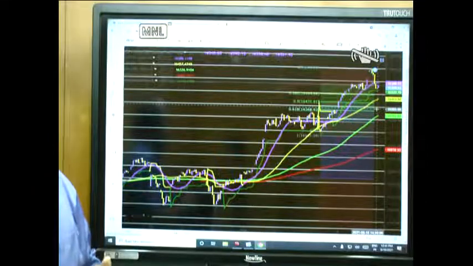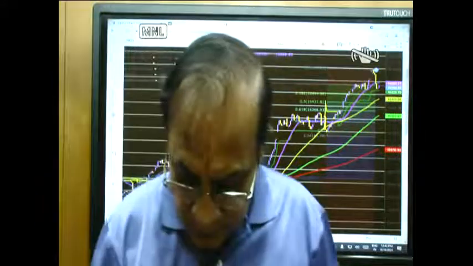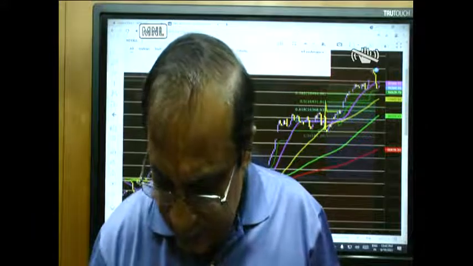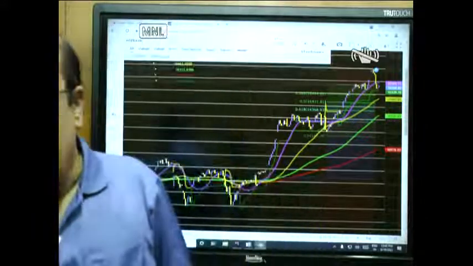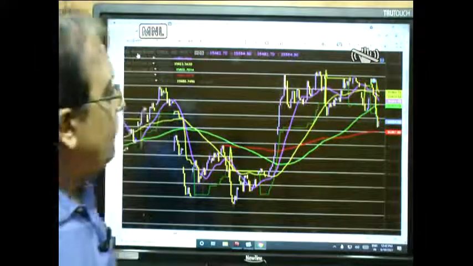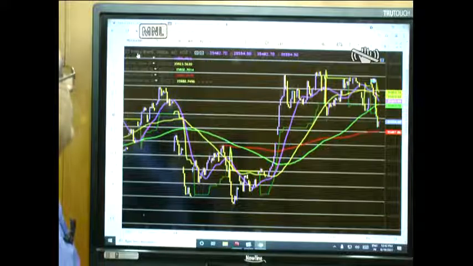So this is the way that you can go about it, and we can look at this as far as Bank Nifty is concerned. NSE Bank. Bank Nifty has been one of the most choppy, even in the hourly chart.